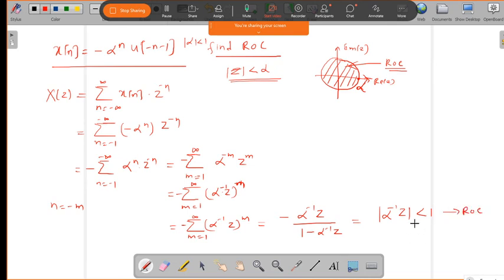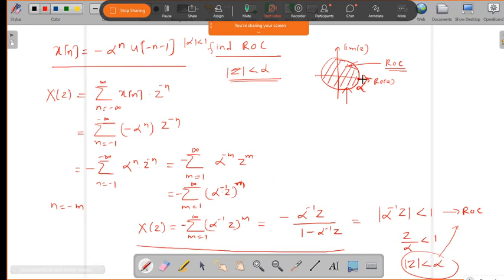Now, z by alpha less than 1 means z is less than alpha, so then the ROC will exist. That is what we have defined here. So this is the z transform of this signal, and your ROC exists wherever z is less than alpha.